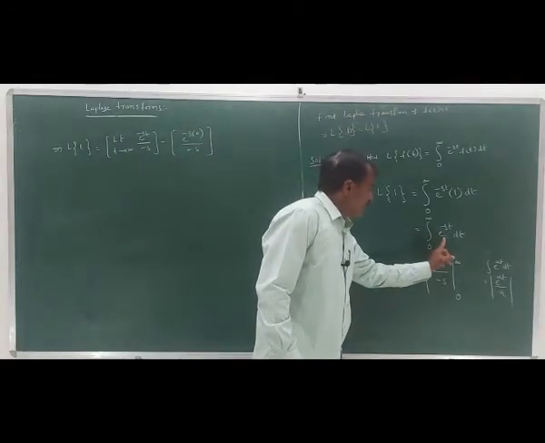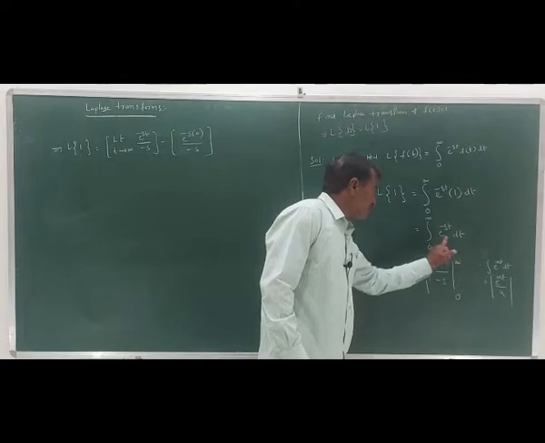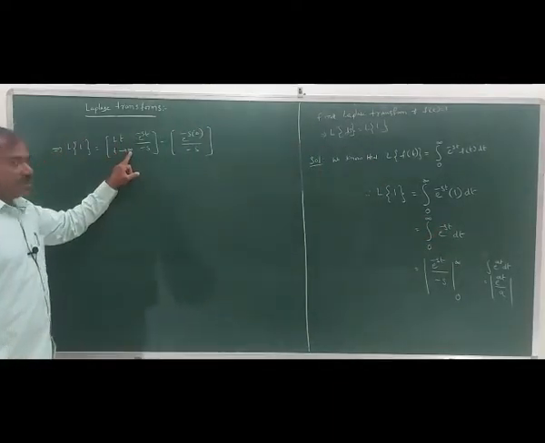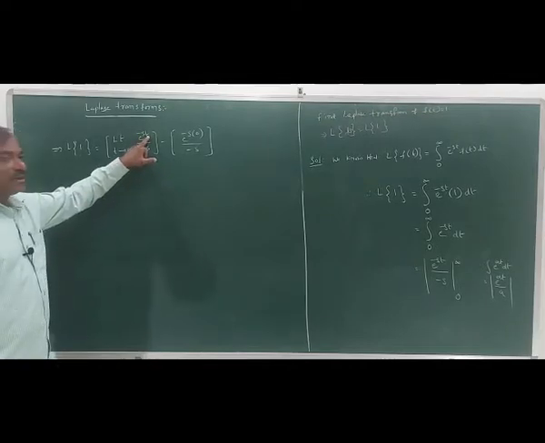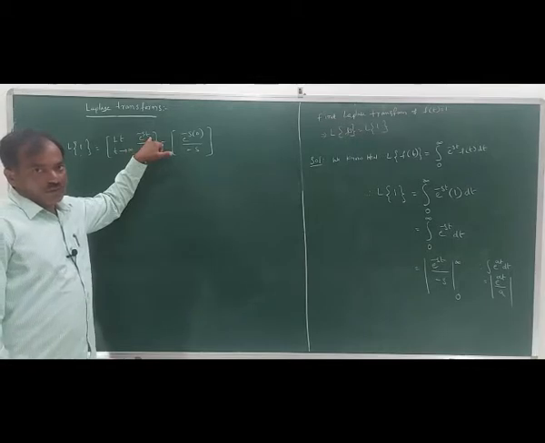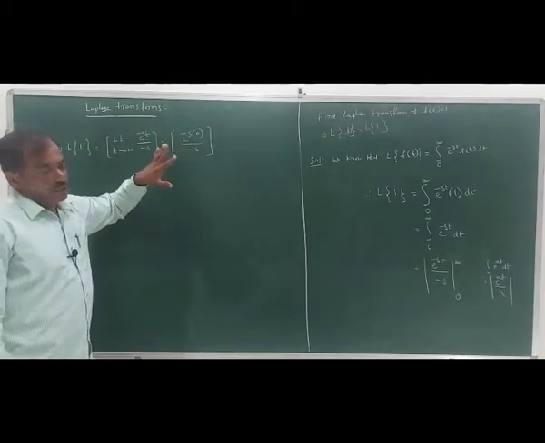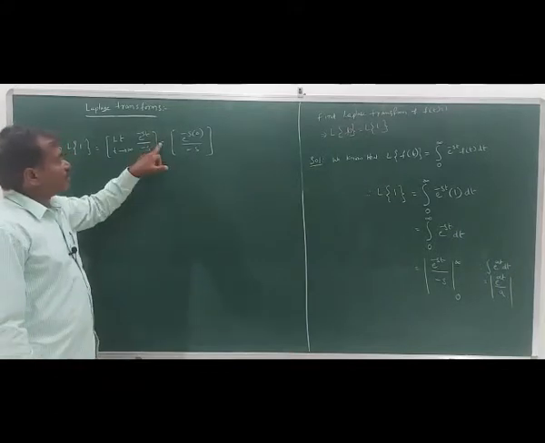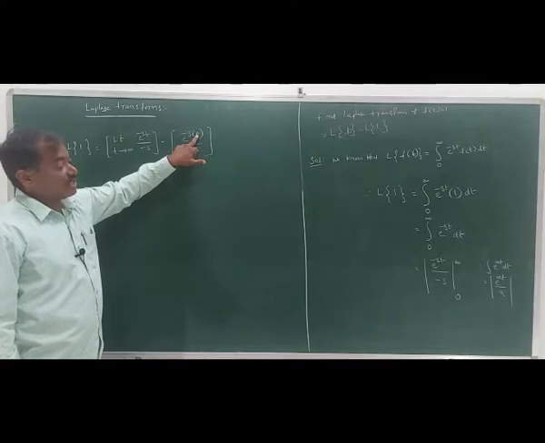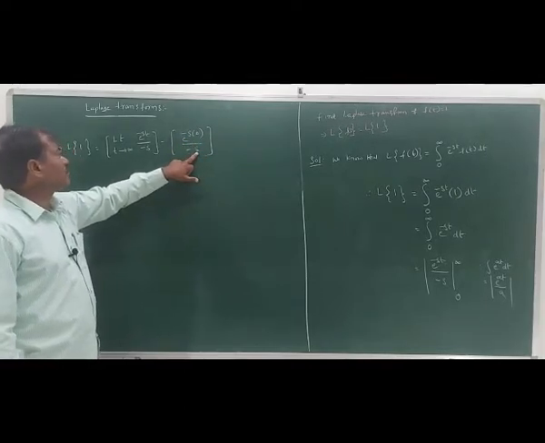This integration is with respect to t, therefore these are limits of t. Don't write infinity directly here, because this is an undefined value. So that's why we wrote it in the limiting case. Then what is the lower limit? The lower limit is 0: minus e to the power of minus s times t where t equals 0. So that's why we wrote here 0 by minus s.